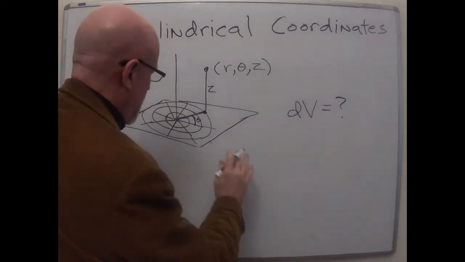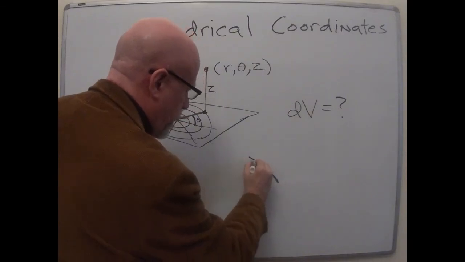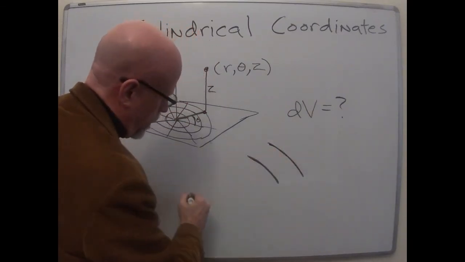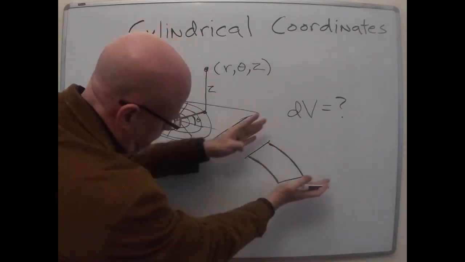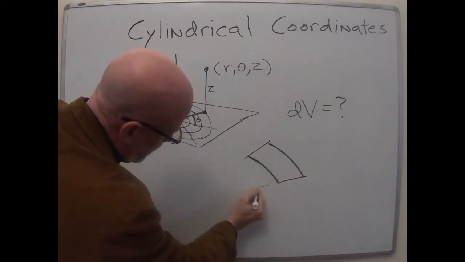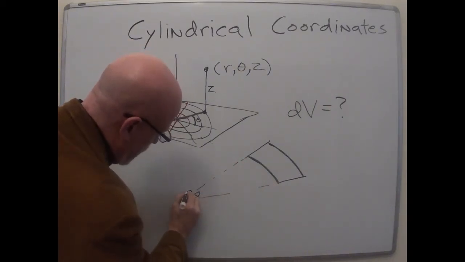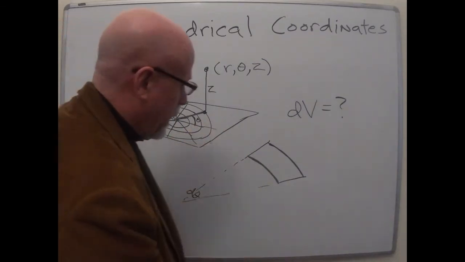I'm going to try to draw a fairly big one out here. In the radial direction, we may have something like that. In the theta direction, in the angular direction, we want to make it look, do those look like they're converging? Here's a differential amount of theta, and then dz just gives it some height.